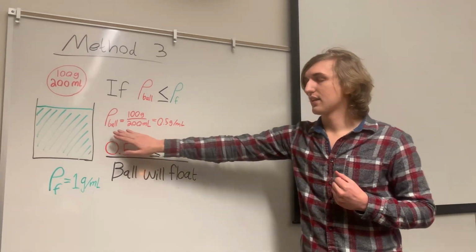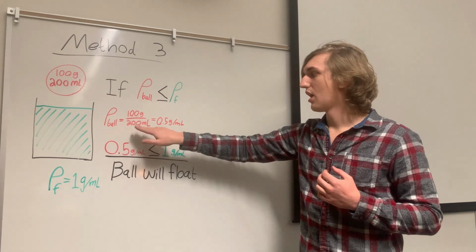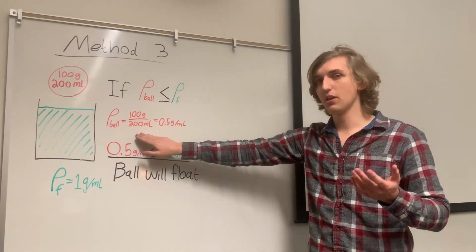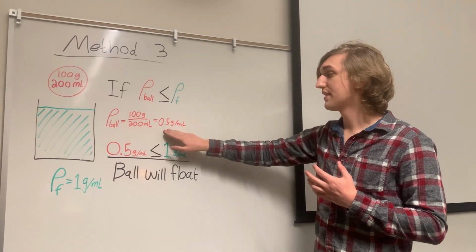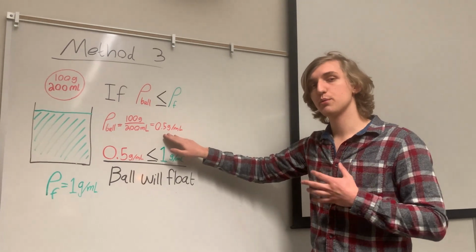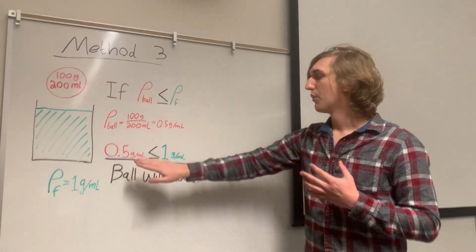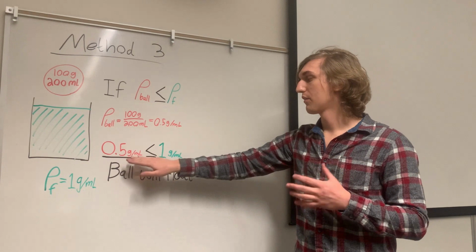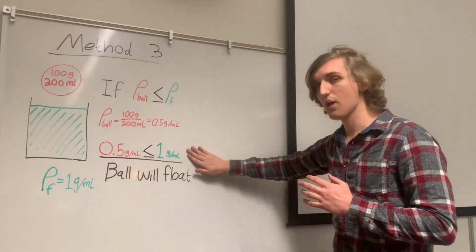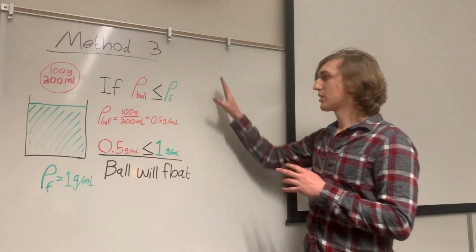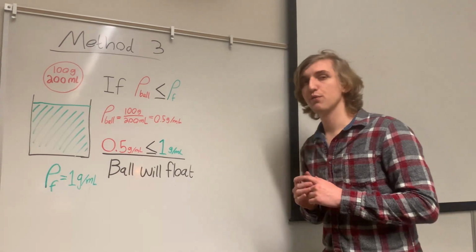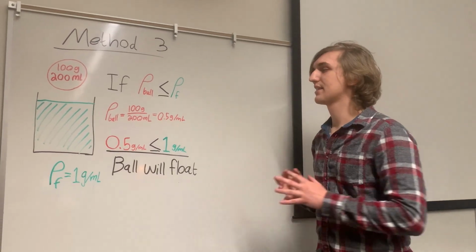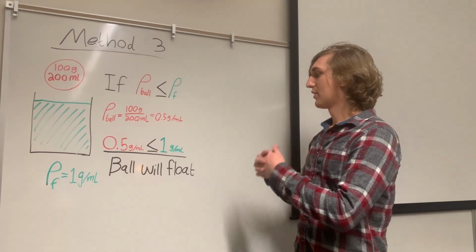So the density of the ball equals 100 grams over 200 milliliters, and we get that the ball's density is 0.5 grams per milliliter. We check that 0.5 grams per milliliter is less than or equal to 1 gram per milliliter, which lets us know that the ball will float, as it is less dense than the fluid it's in, so it will rise.